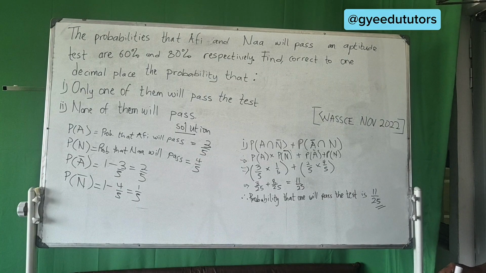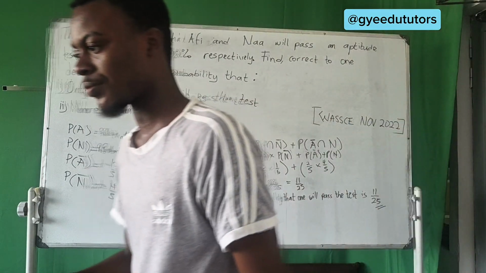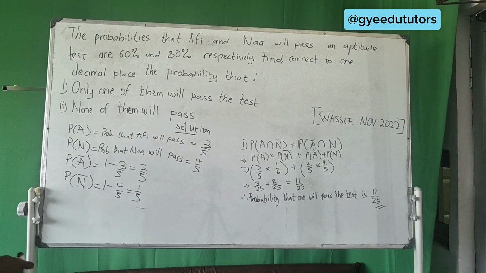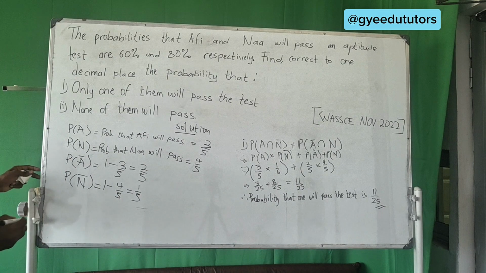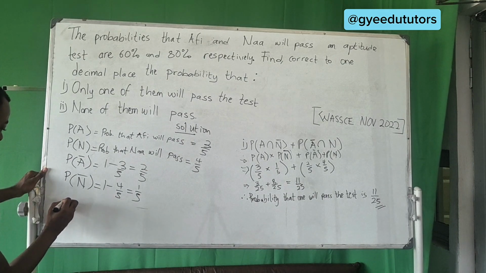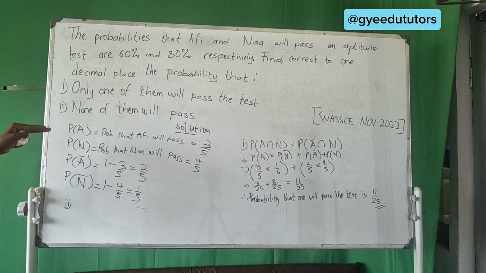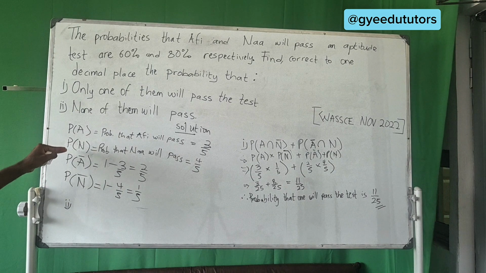Okay. So now let's do part two. I said none of them will pass the test. None of them means the probability that Afi did not pass the test times the probability that Nana did not pass the test.